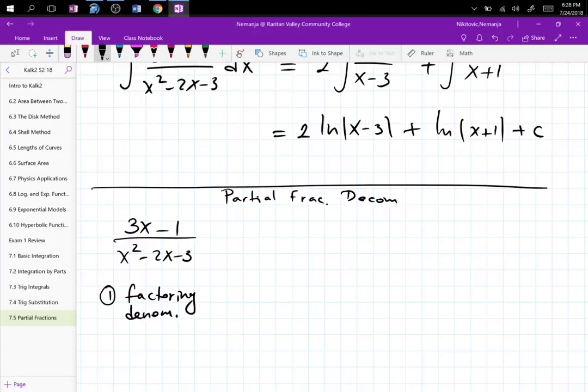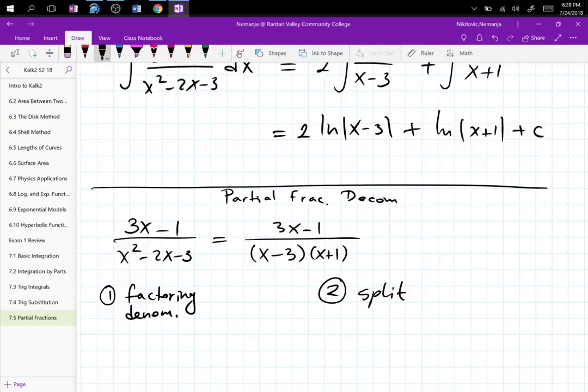We have to factor the denominator because that is where we do the split. So when I factor the denominator, I will come up with x minus 3 times x plus 1, and you still have 3x minus 1 on top. So step number 1 is factoring. And then step number 2 is split. So now each of these factors will get its own fraction with a plus in between.